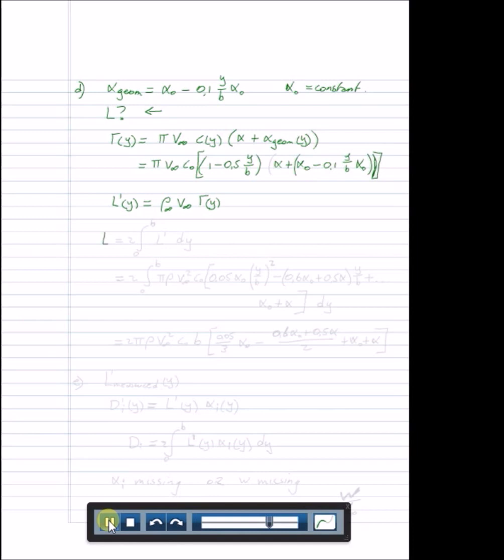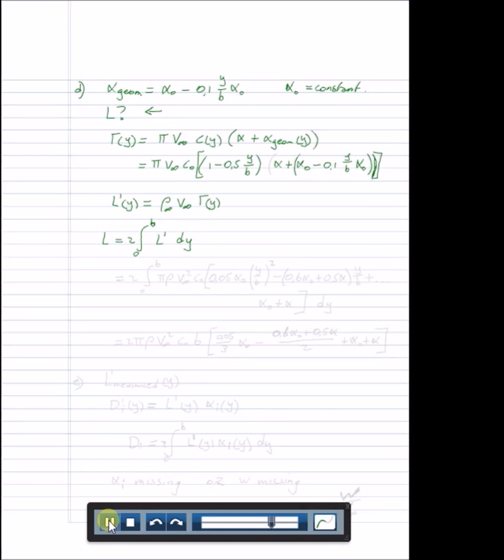So therefore L prime is going to be 2 times the integral from 0 to b. It's a nice symmetric plane, so we might as well go from 0 to b instead of from minus b to b. We just take twice the integral from 0 to b of L prime across the span.